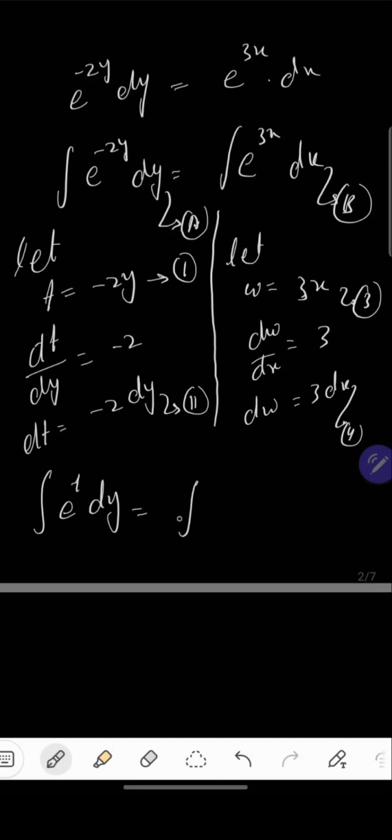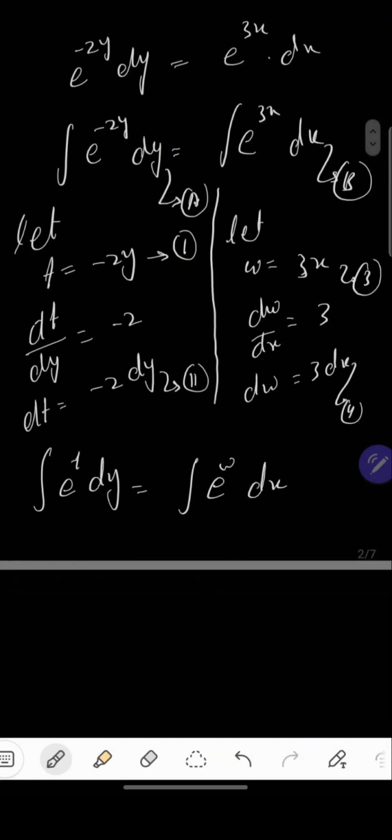On the right side also replace the power of e, 3x, by w. Now we have to multiply and divide this term by 3, and multiply and divide this term by minus 2. Why? Because we will get here minus 2 dy, and then we will replace minus 2 dy by dt, and here we will replace 3 dx by dw, and then we will apply integration.